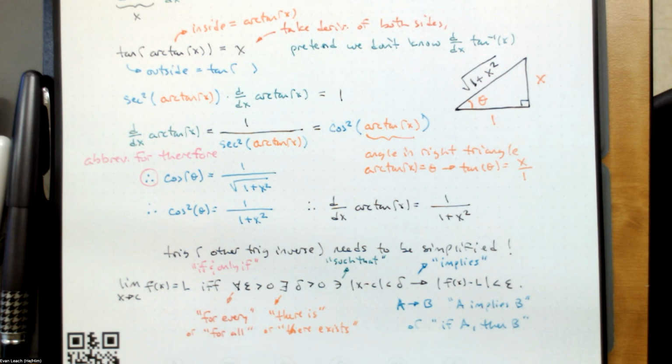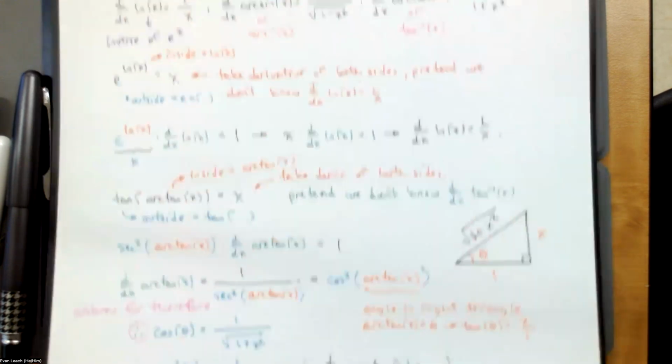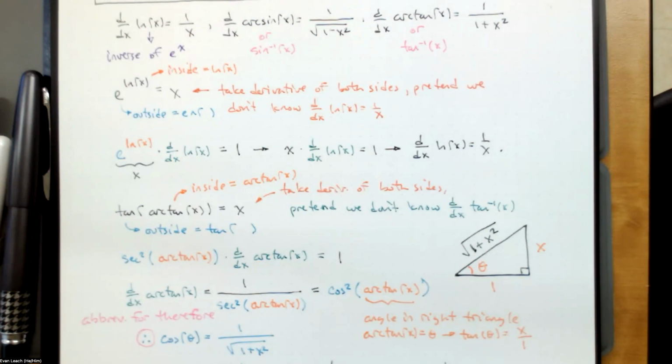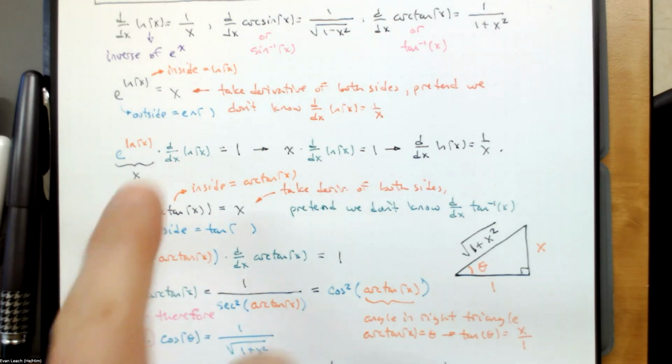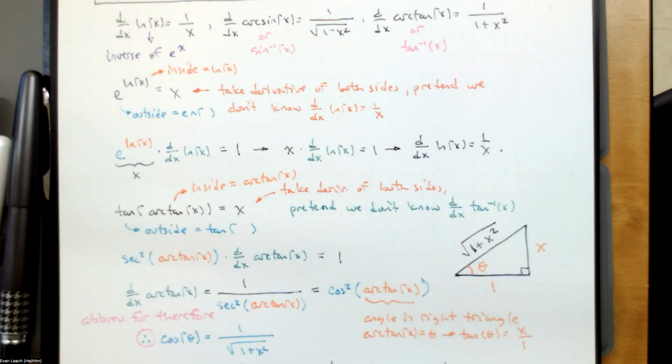We could do a similar thing with arc sine. You would set it up as sine of arc sine equals x, pretending you don't know the derivative of arc sine, and you would have to do the same maneuvers. And you can see what's going to happen, right? Eventually it's going to say arc sine of x, and we're going to read that as an angle with an opposite of x and a hypotenuse of 1.